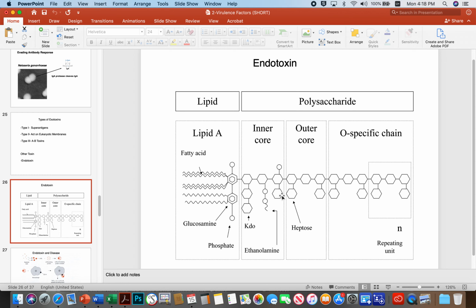Then sticking out into the world is a core of sugars. Each of these little patterns is a different sugar molecule, like hexoses, for example, with different decorations. This whole core is close to the cell surface, and then an O-specific chain sticks out into the world as a little stream of sugars.